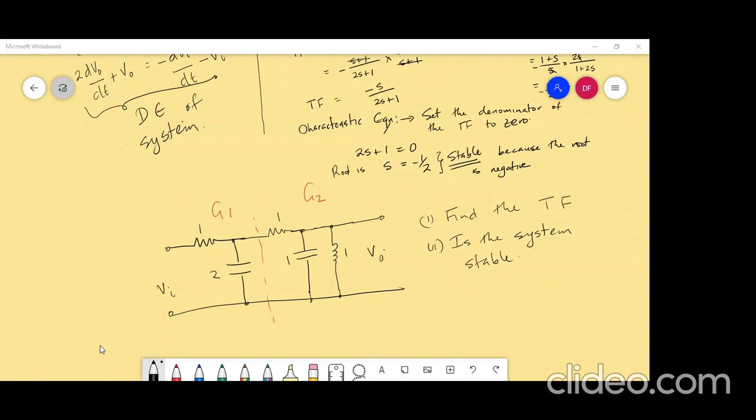Tell me when you get it. So as in you just want us to get the transfer function part first? Yeah.